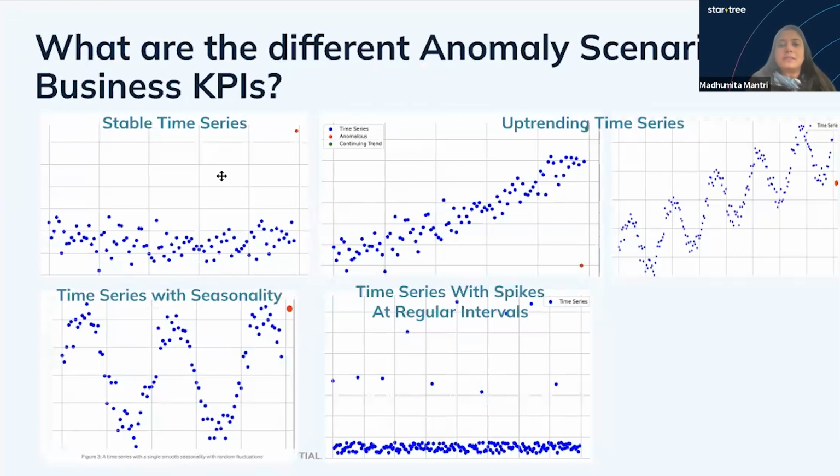It may have a stable time series, an uptrending time series, an associated seasonality, or regular spikes and drops. Finding the accurate anomaly is very critical, and in a timely fashion, so that you can act on it at the right time. The challenge is always getting the accurate anomaly and doing it in real time.